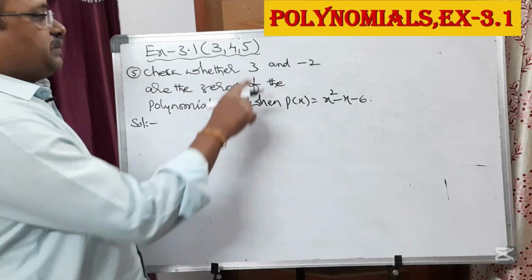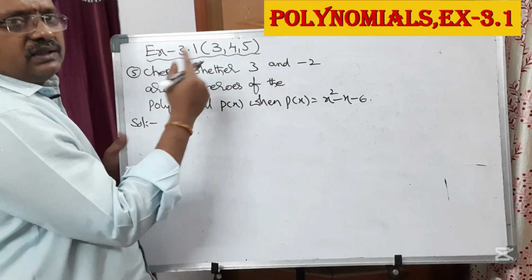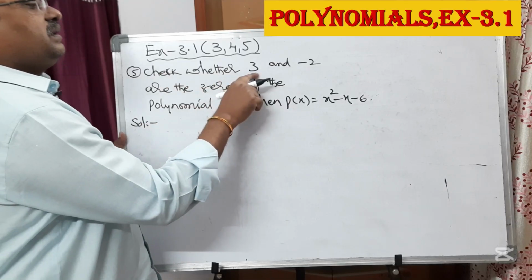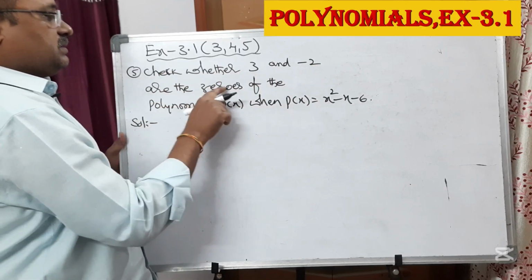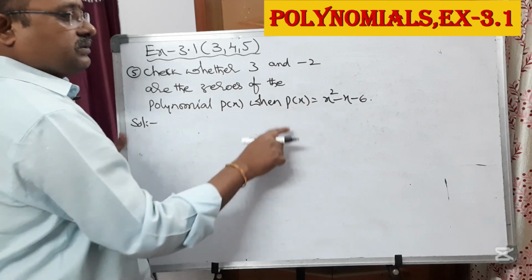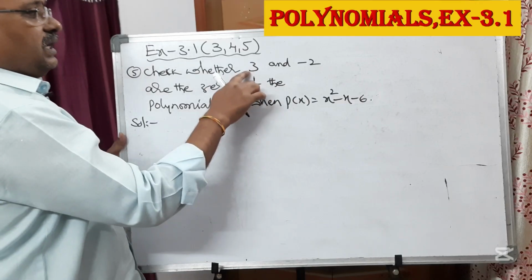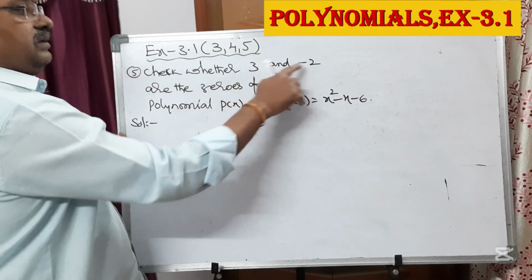Okay, Nana? Next problem, fifth one. What is that? Same model, numerical changes. Check whether 3 and minus 2 are the zeros of the polynomial p of x when p of x equal to x square minus x minus 6. What you have to do? These are variable values, x values.